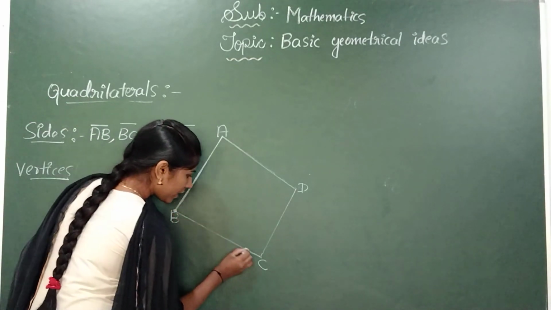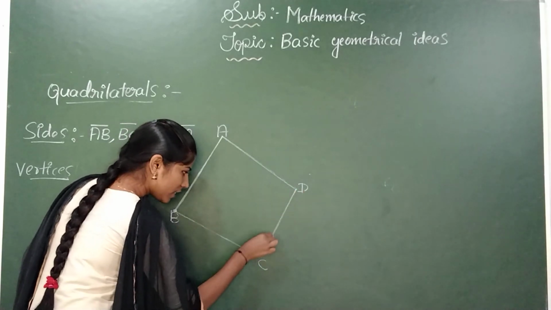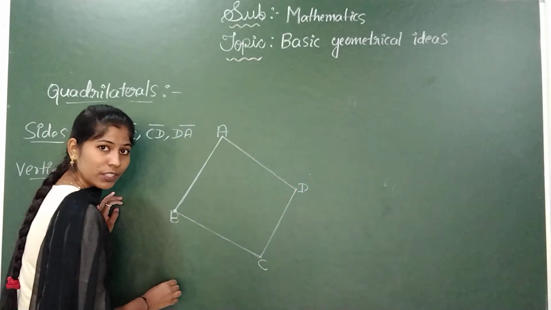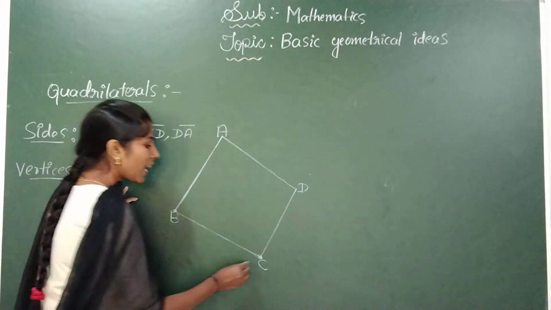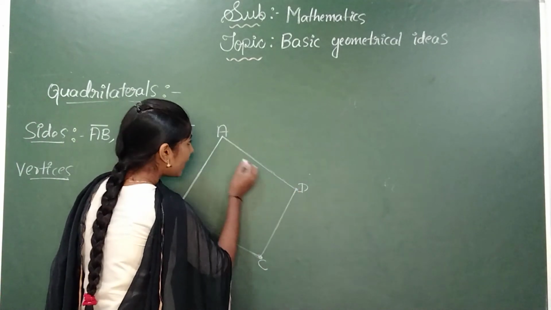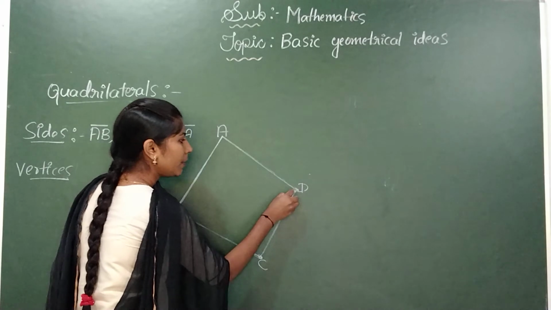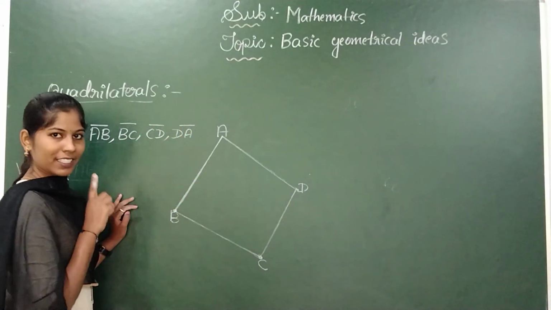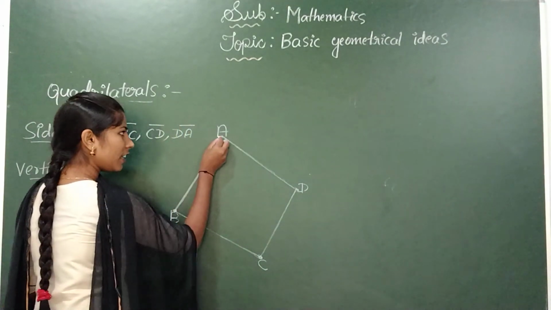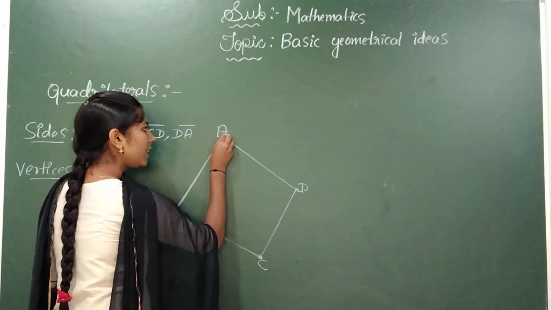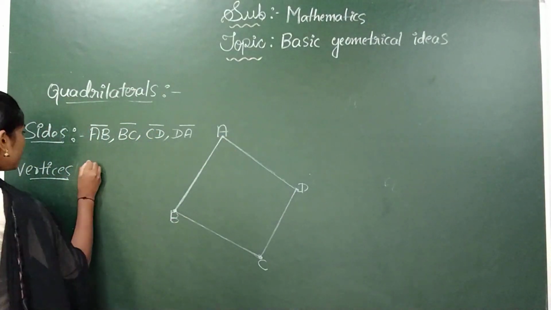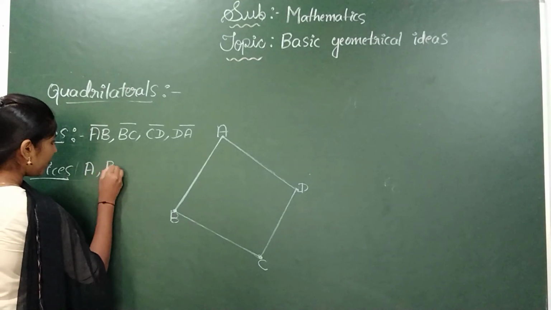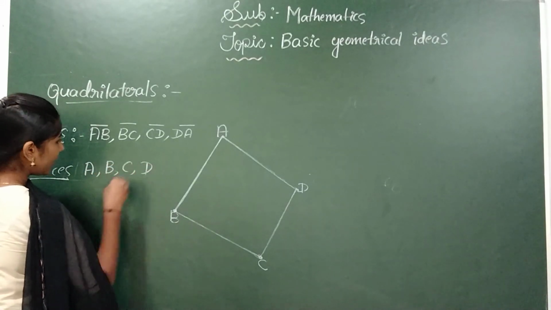Another pair of sides meets at this point, that is a vertex. And the point D, where two sides meet, is also a vertex. So what are the vertices? A, B, C and D.